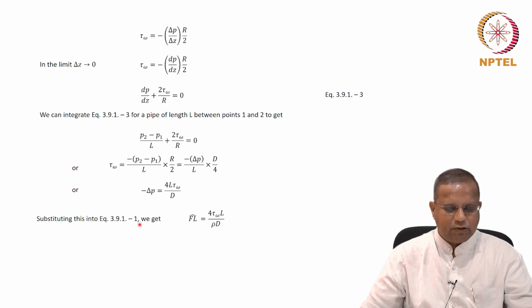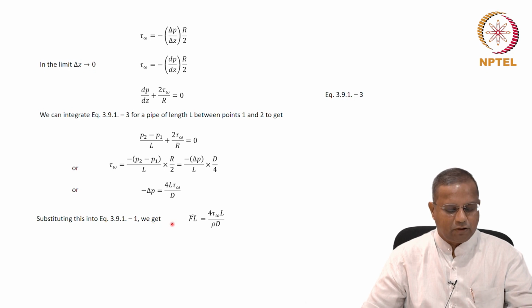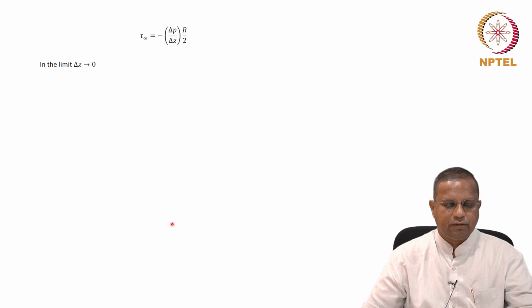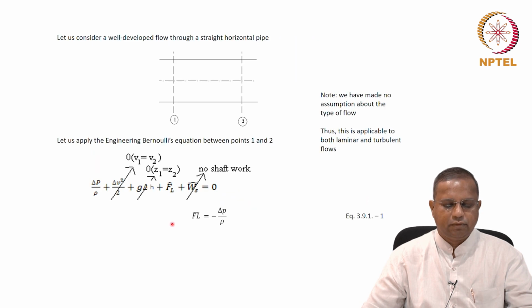Now if you substitute this into 3.9.1-1, 3.9.1-1 was our engineering Bernoulli equation. Okay, let me show you that. Yeah, 3.9.1 for this situation turned out to be the frictional losses per unit mass equals minus delta P by rho.